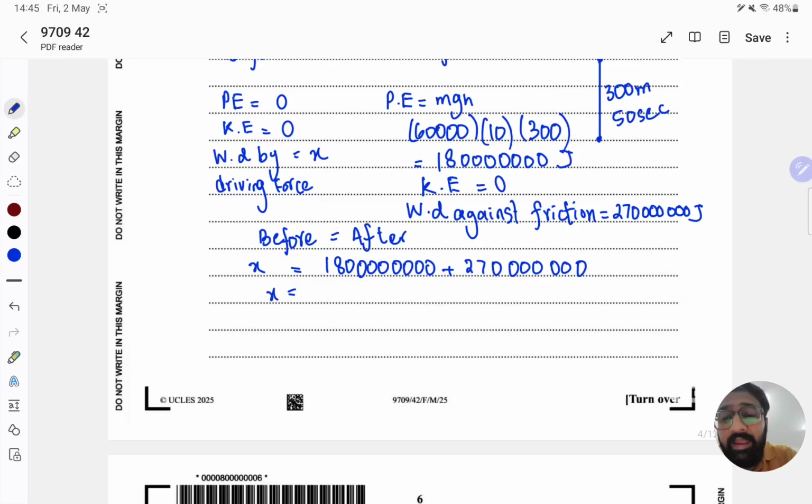So the value of x, what is basically x? x is the work done against friction, and the work done against friction is, so 270, 1 2 3 1 2 3, it's basically 45 with 7 zeros.